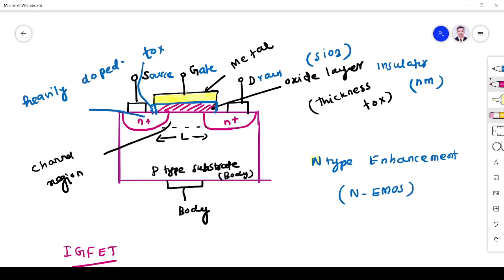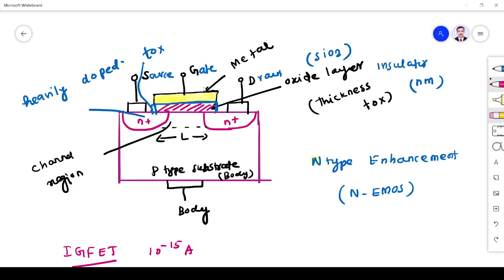The gate terminal normally doesn't have any current, it has very little current of the order of 10 power minus 15 ampere, right? So in this range only, the gate current is very small. Ideally it is zero because it is insulated.